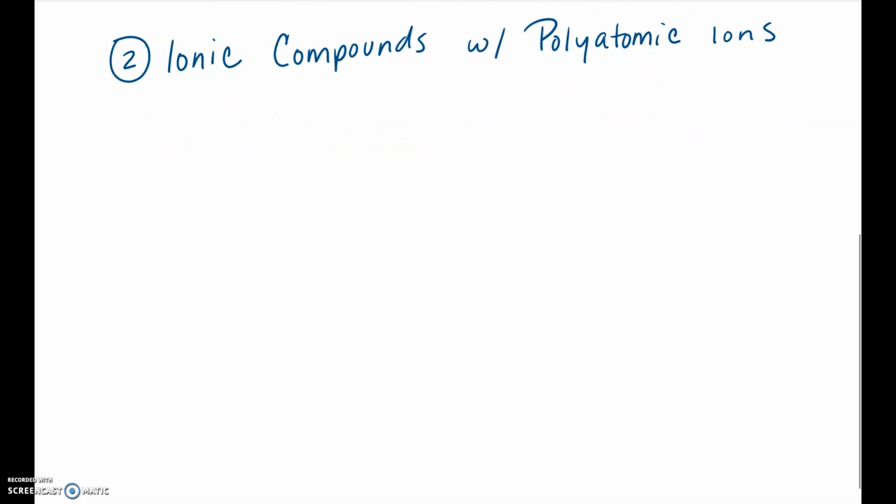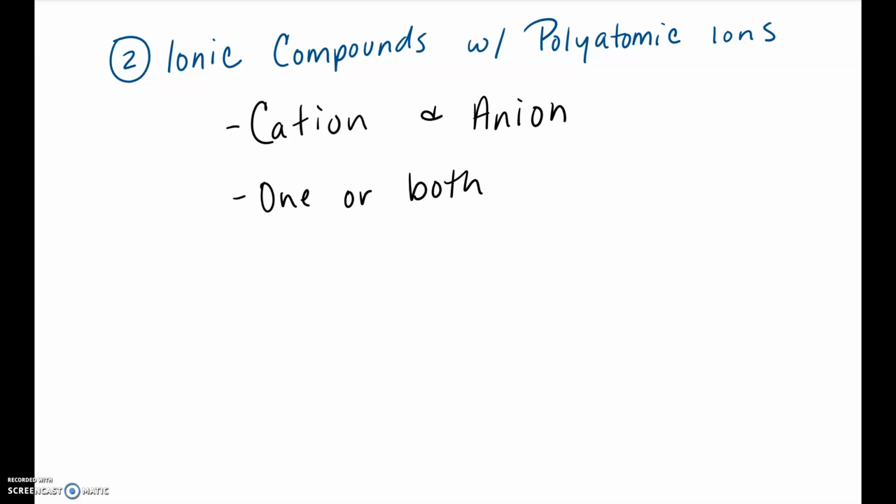Okay, so ionic compounds with polyatomic ions, before we can really explain what this is, well, it is exactly what it says. It's an ionic compound with a polyatomic ion. So it consists of a cation and an anion, where one or both of these is a polyatomic ion.